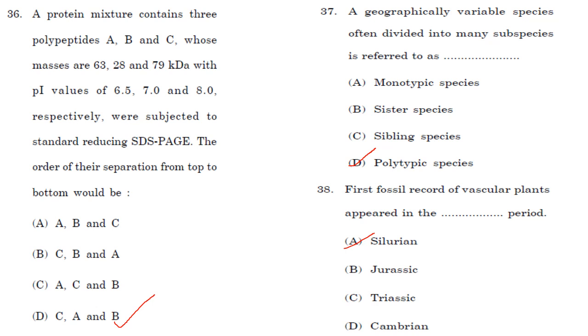That is only given to confuse you. It separates on the basis of molecular weight. So, which one will be the first from top? It will be 79, then comes 63 and then comes 28. So, CAB. Answer is option D.